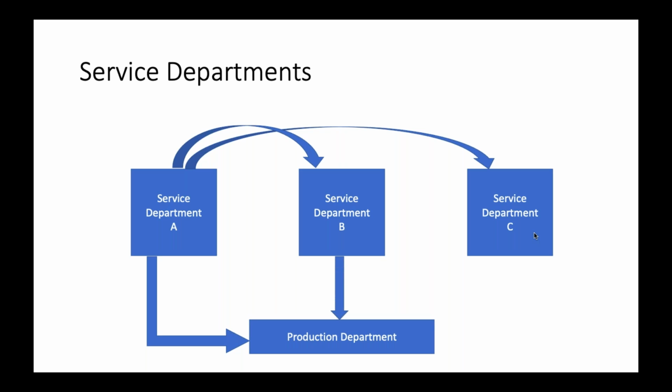However, service department B also serves the production department and also serves service department A and service department C. So all costs incurred in service department B should be allocated to service department A, service department C, and the production department.